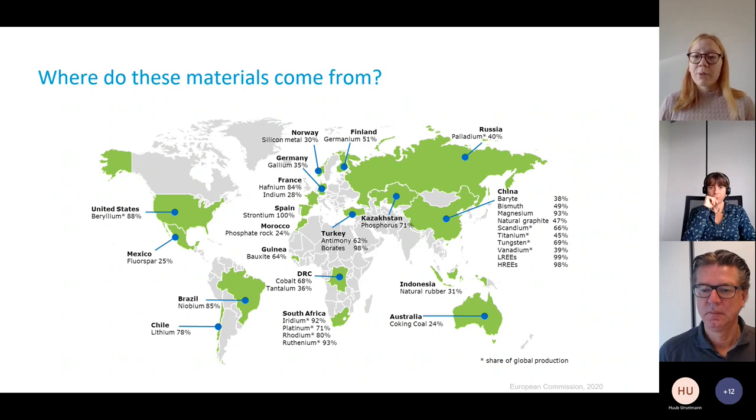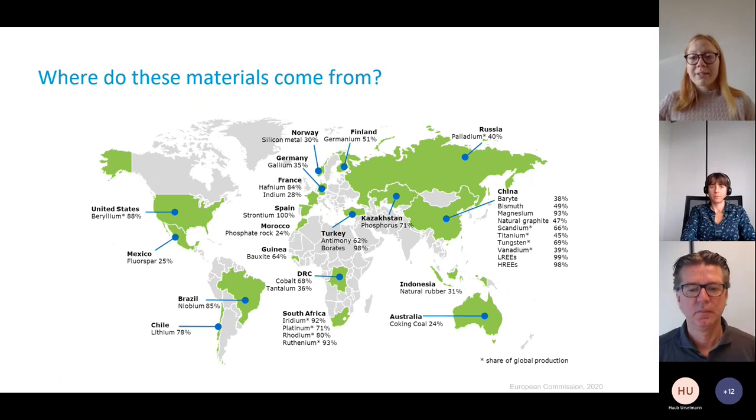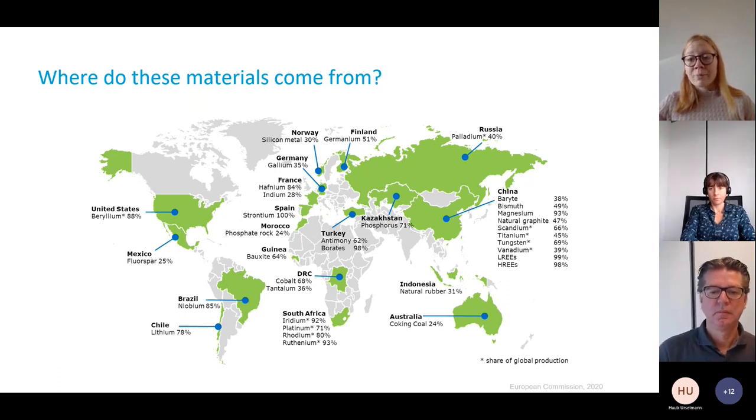And I would like to now bring your attention to China, because China has a lot of these materials and a lot of the processing of the materials goes through China. And again, if you're looking at the list there, you can see the rare earth elements popping up again, with 99% and 98% of the imports in Europe, or the shares of these materials, coming from China.